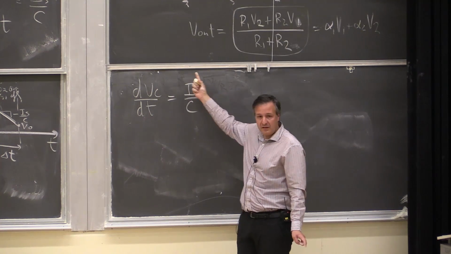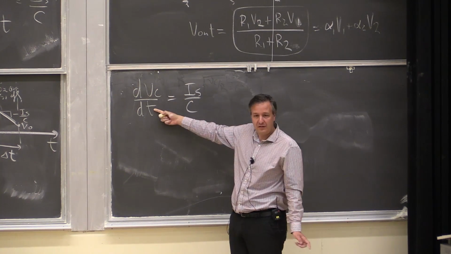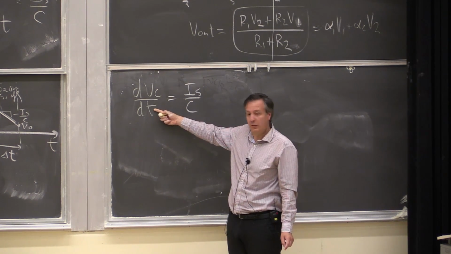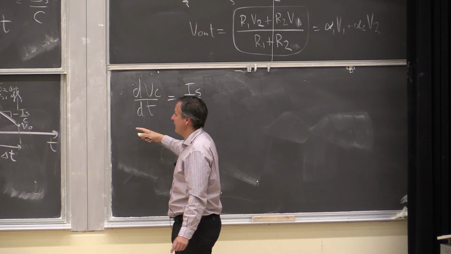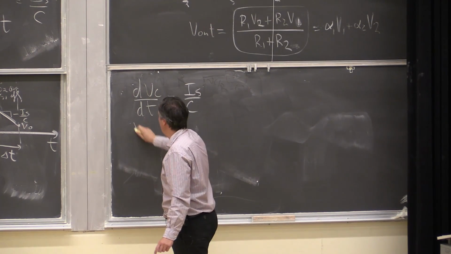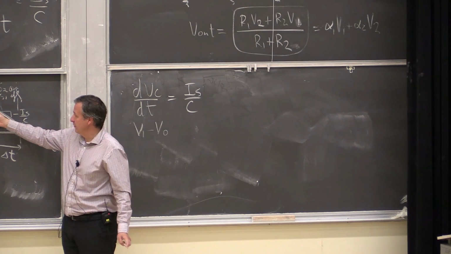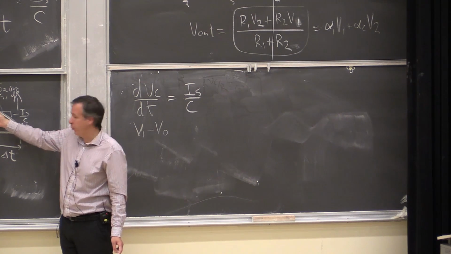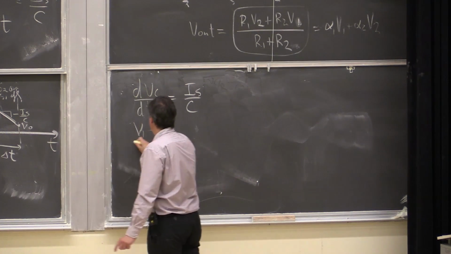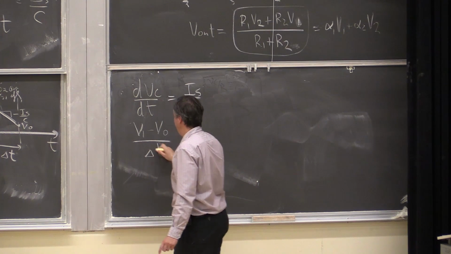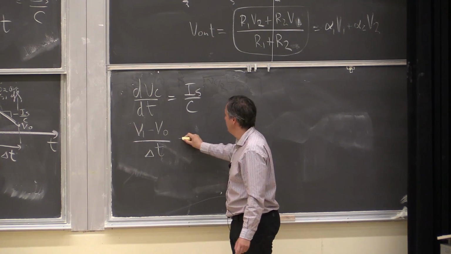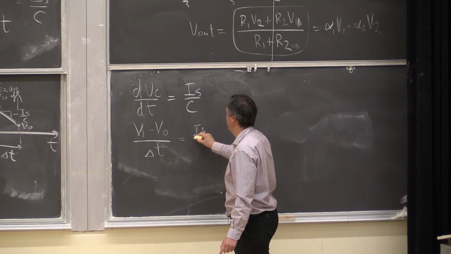Because this is constant, I can write this as just a difference. So I can say it's V1 minus V0, so V1 is my last point, V0 is my starting point, over time. Delta T equals IS over C.